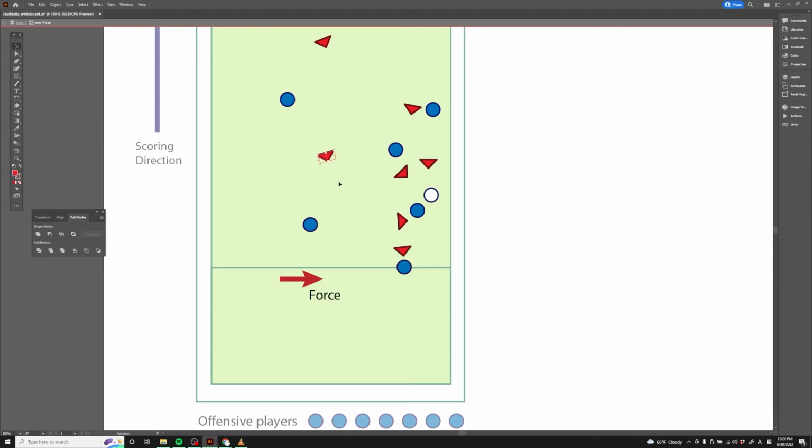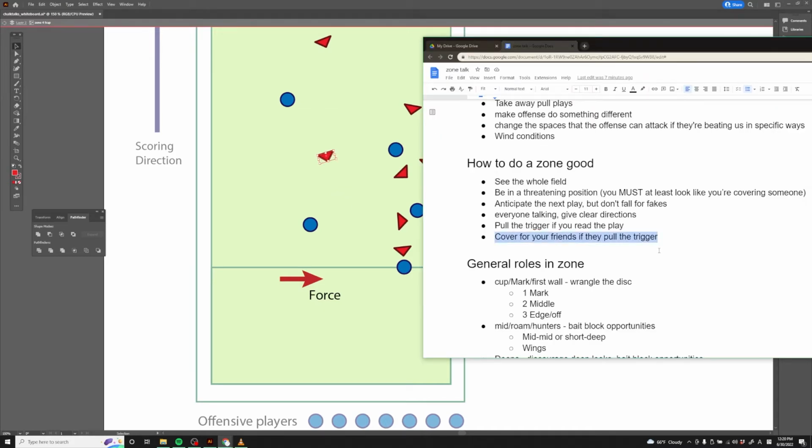Since you're anticipating the play as this defender, you know that those are two of the major options, especially the ones that you are responsible for. So as you see this thrower starting to make eyes, you are going to try and jump this route and get a block, hopefully. If you do that, your friends should cover the space for you.